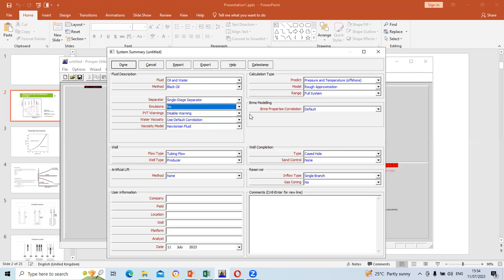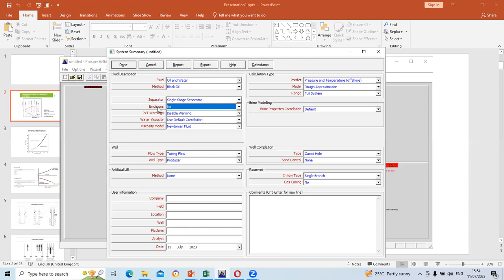So when we talk of emulsions, I took time to explain the concept of skin. If you follow the free training we gave on nodal analysis day 1, the concept of skin was explained, and one of the causes of that damage around the wellbore is what we call emulsions. Emulsions, where you have this interaction between things that are not compatible within the reservoir.